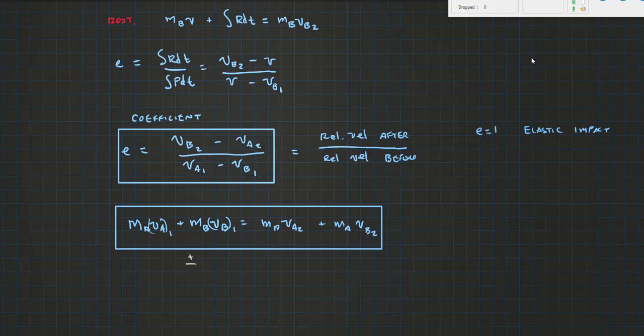And when you have E equals 0, you have a fully plastic impact, and the two particles merge. Anything in between those is a combination of both.